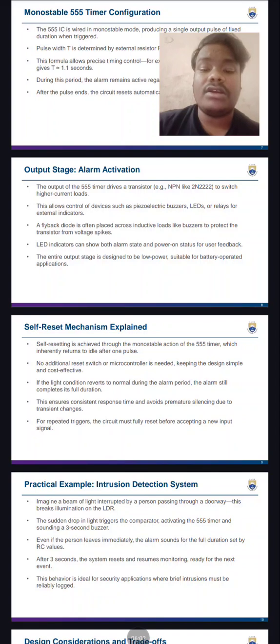A flyback diode is often placed across inductive loads like buzzers to protect the transistor from voltage spikes. LED indicators can show both alarm state and power-on status for user feedback. The entire output stage is designed to be low power, suitable for battery operated applications.